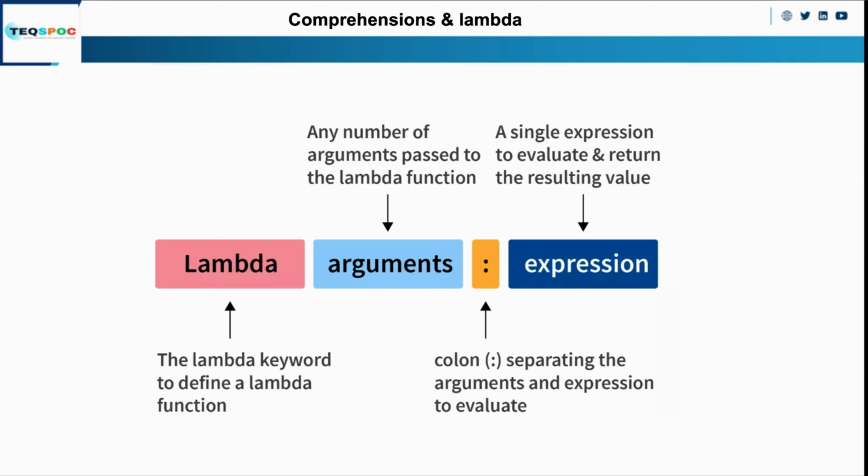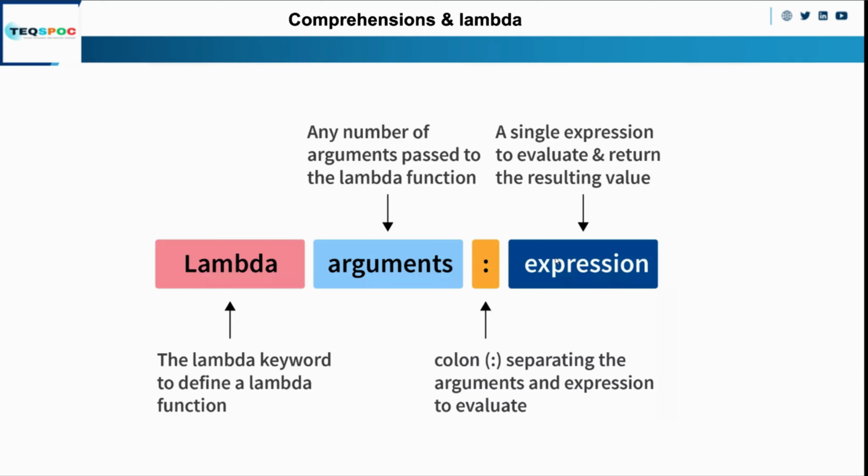So just know one thing: to use a lambda expression, we simply use the keyword lambda, then come the arguments, which are the parameters for each and every individual element of the collection. Then there's the colon to separate the arguments from the task.